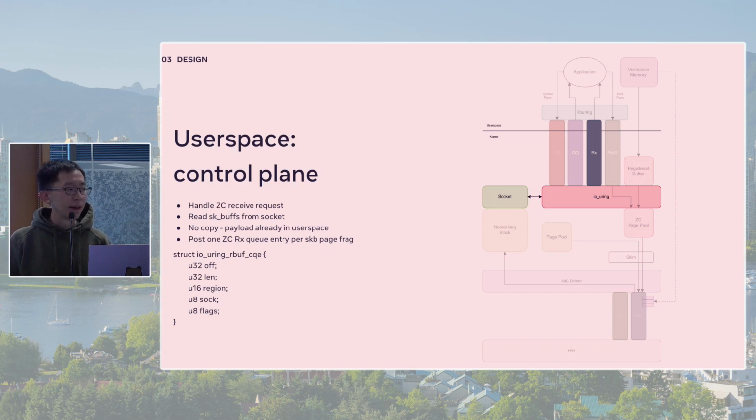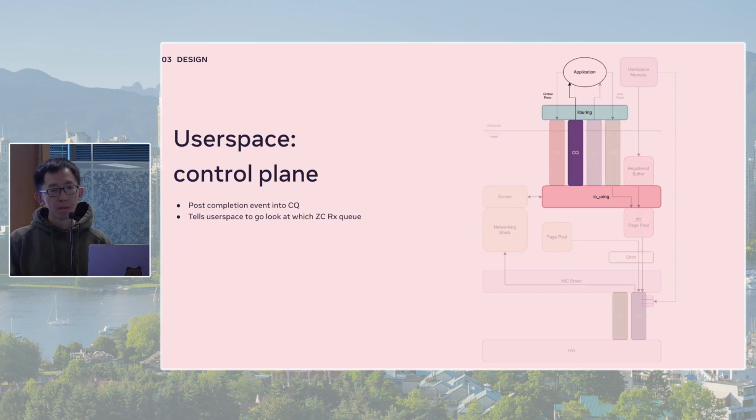Each entry basically has the offset and length relative to the user space memory region that was originally registered, and eventually user space will read this, and that will tell user space, okay, the packet data that I'm looking for is in this location. Oh, and there'll be one of these entries for each zero copy page frag in an SKB.